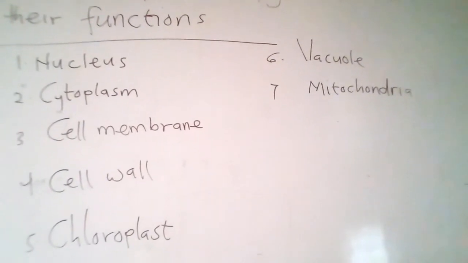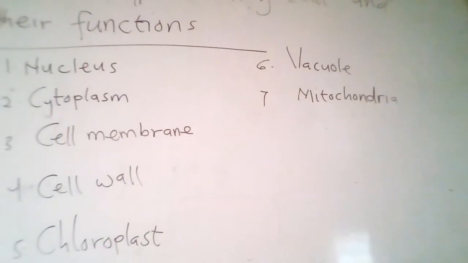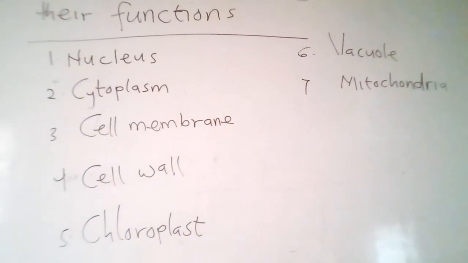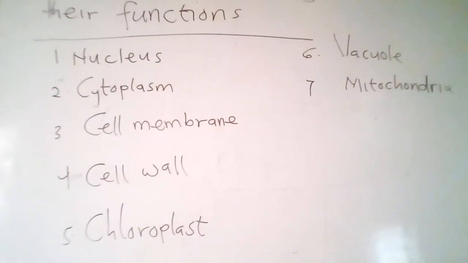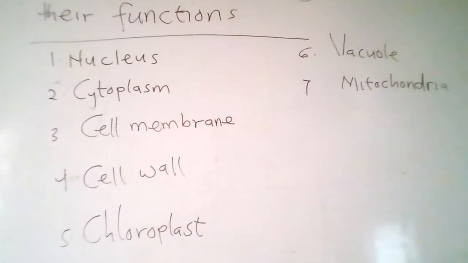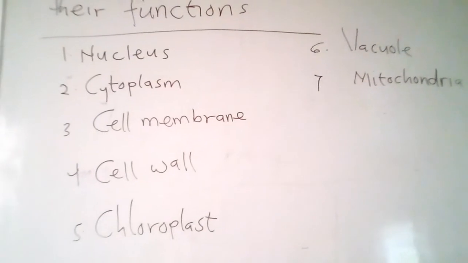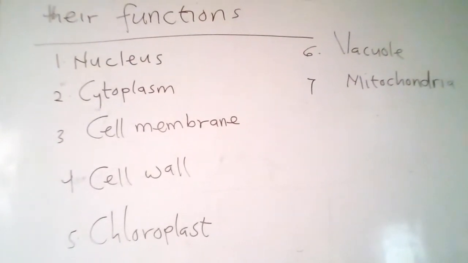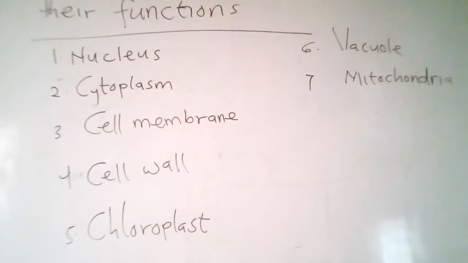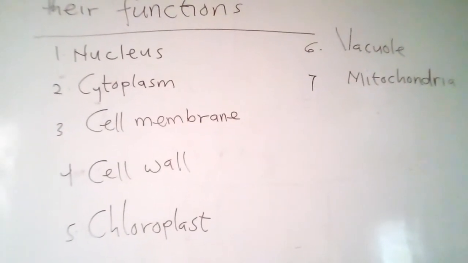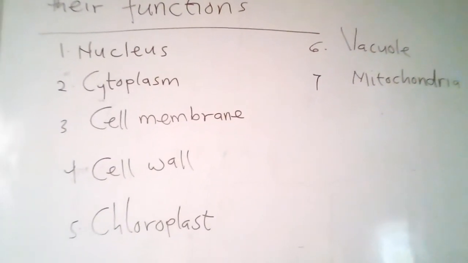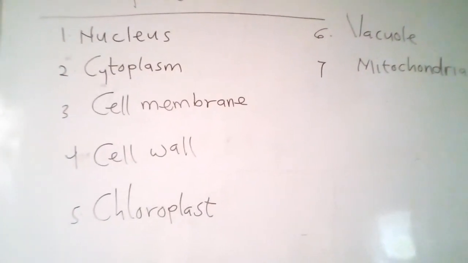It expels or gets rid of waste materials through the cell membrane. Number 3, it is in the cytoplasm that chemical reactions take place. Any chemical reaction that takes place in a cell takes place in the cytoplasm.